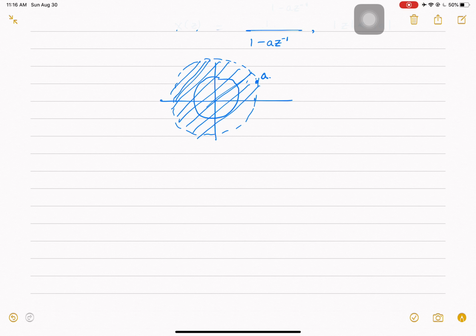It is the set of all the circles which have radius less than mod of A. Whereas in the previous case the region was outside of this circle, in this case it is inside of it, and the DTFT of this exists because this region of convergence includes the unit circle. Okay, fine. And next, we'll stop here.